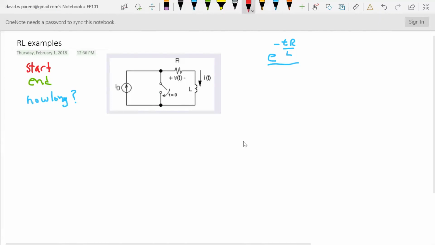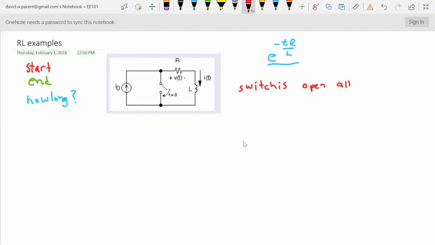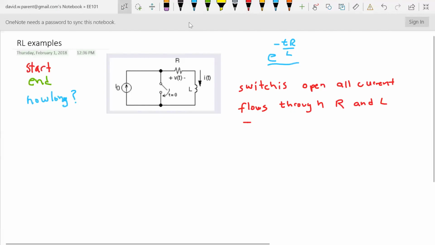Well, the switch is open. All current flows through R and L, and we'll just say it: IR equals IL equals I naught, because it's all in series.